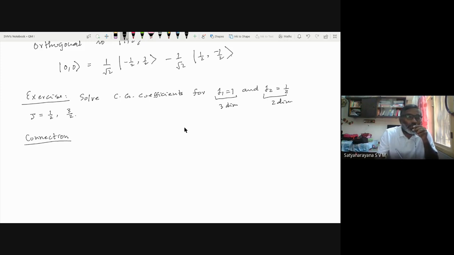So the Clebsch-Gordan problem is a very general problem. It is like this.